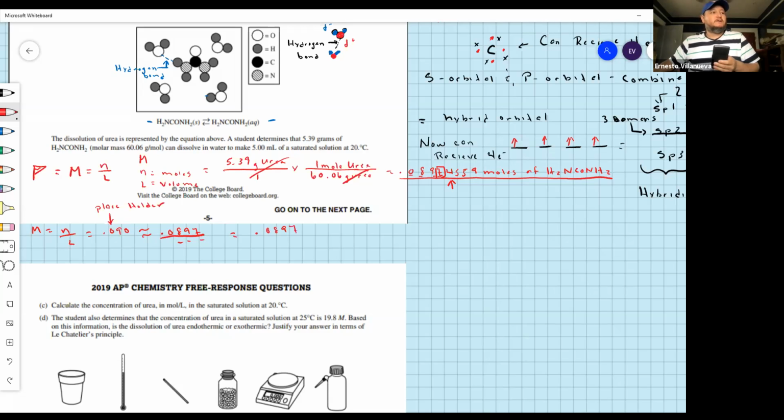0.0897 divided by, I got to convert this to liters, 5.00 milliliters. Okay, these are your significant figures here.